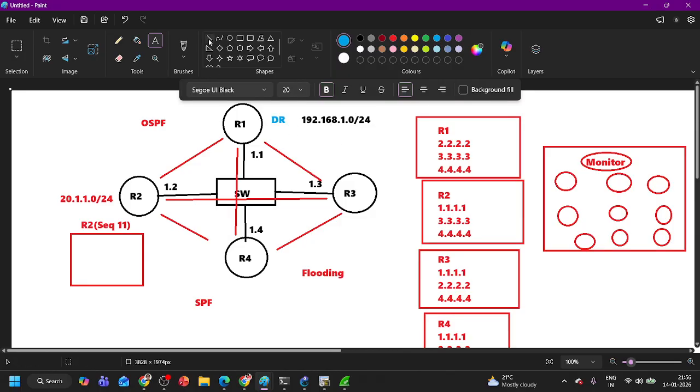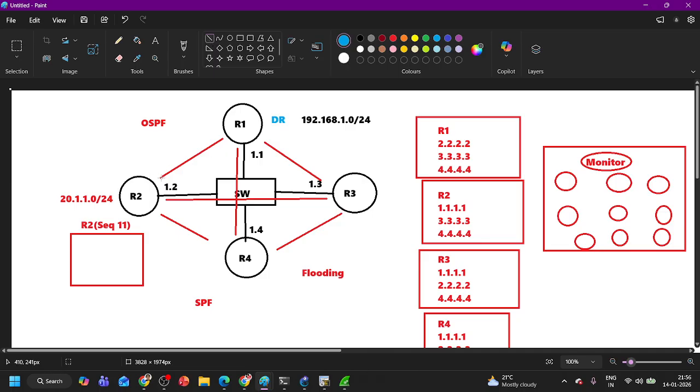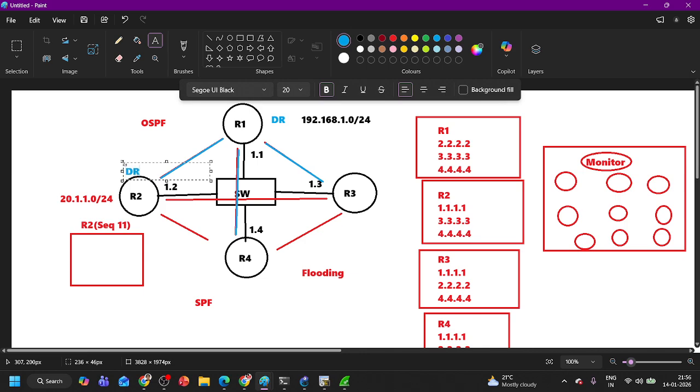So all the other routers, DR others, will have full adjacency with the DR router, and only neighborship without adjacency, meaning neighborship in two-way state, will be there between DR others. Router number 2 is a DR other, router number 3 is also a DR other, and router 4 is also a DR other.